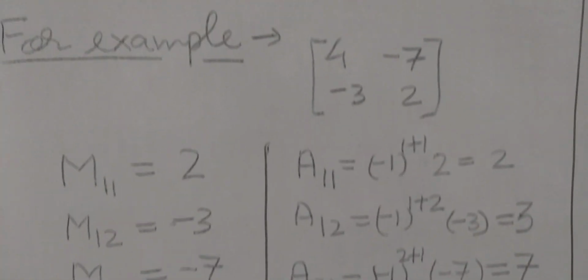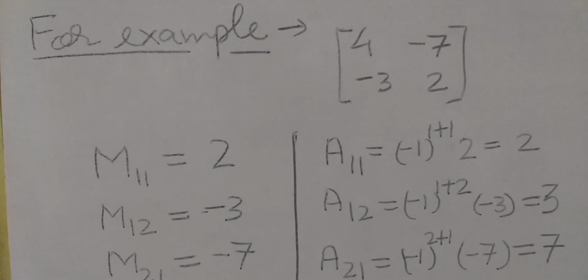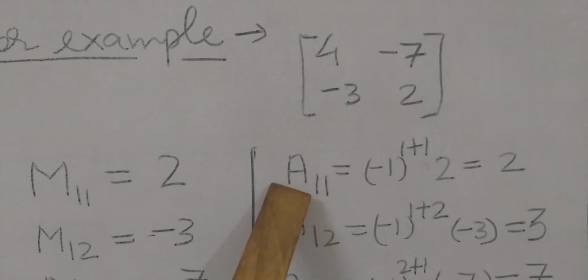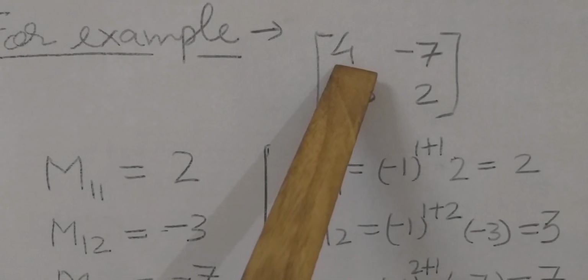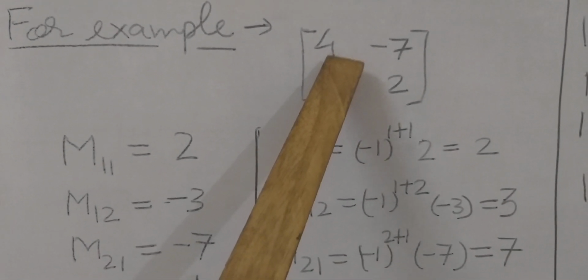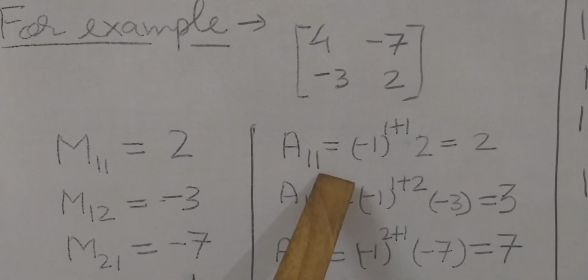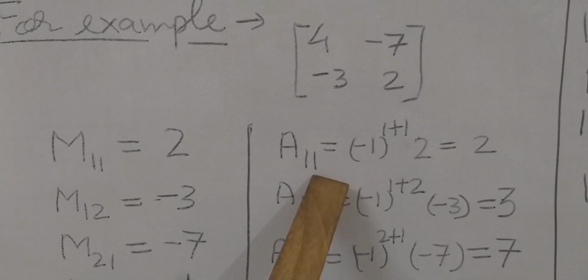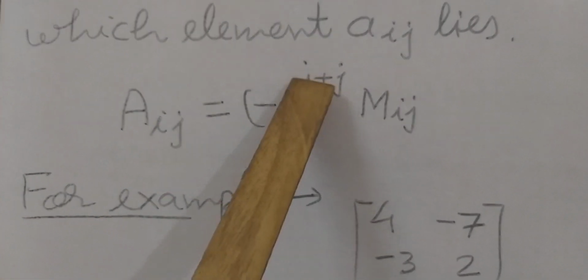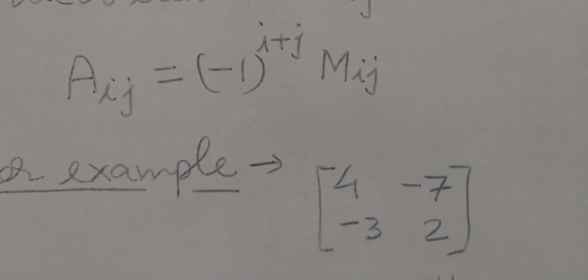Now let us find the cofactors. The cofactor is denoted by Aij. I am going to find the cofactor of a11, that's why I have written A11. Correct? The cofactor formula is (-1) to the power i plus j times Mij.